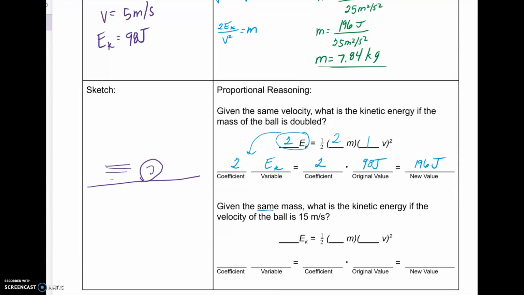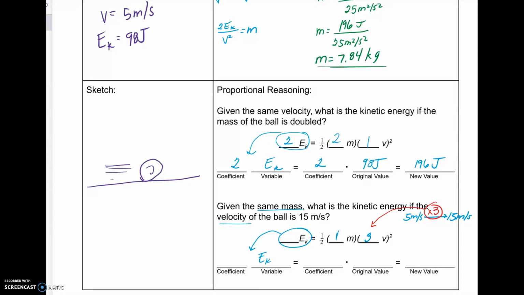Now, given the same mass, so keep the same mass, what is the kinetic energy if the velocity of the ball is 15 meters per second? So we had our old value of 5 meters per second, and now our new value is 15 meters per second. And know that 5 to get to 15 will be times 3, so this is going to be our coefficient.